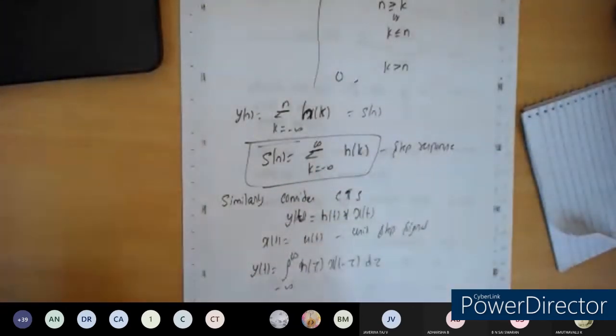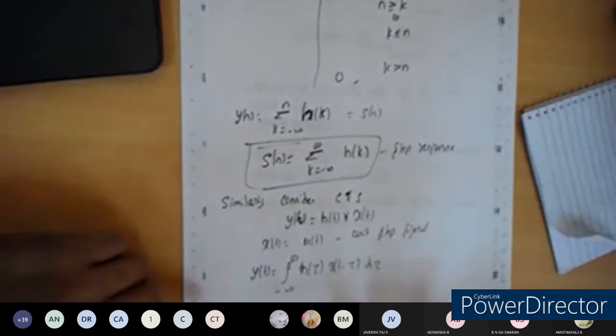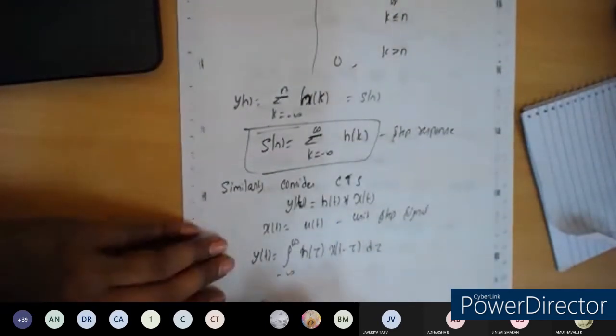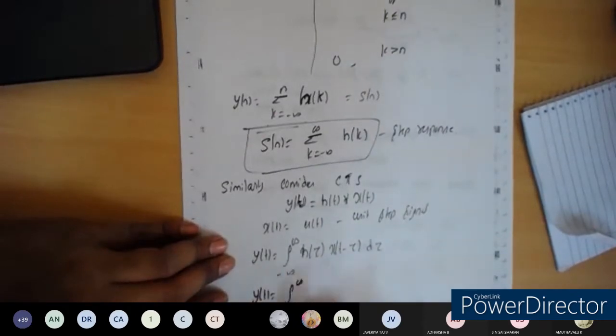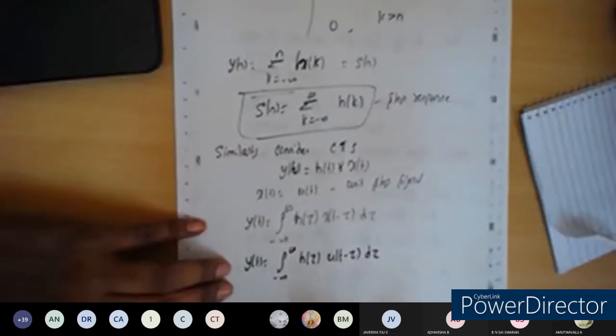Then let us substitute u of t minus tau here, so y of t is the integral from minus infinity to plus infinity of h of tau into u of t minus tau d tau.